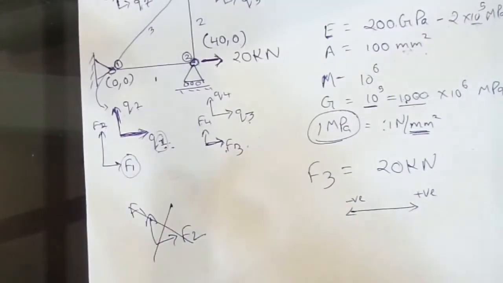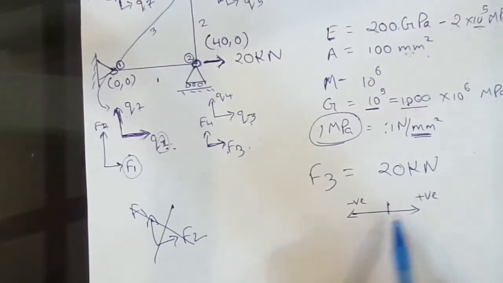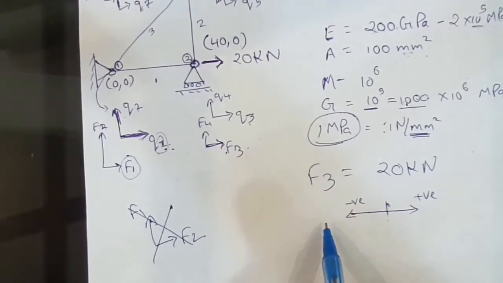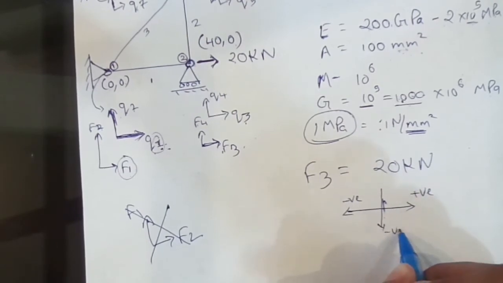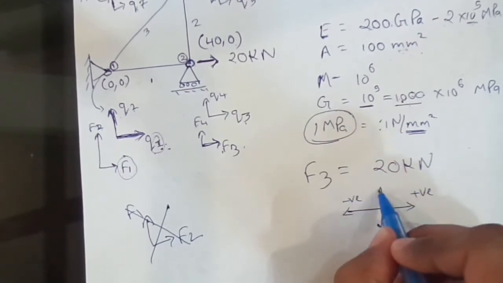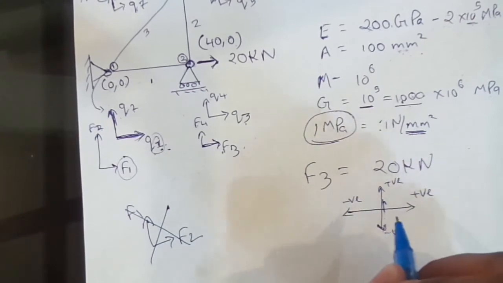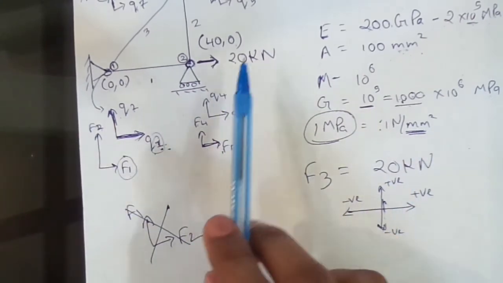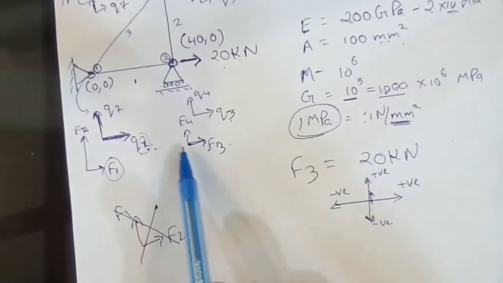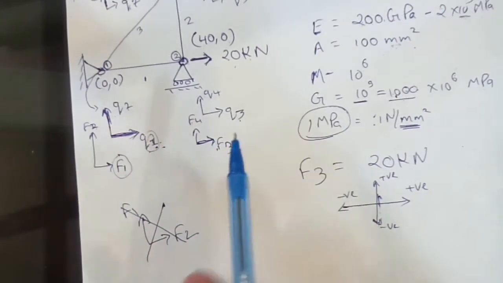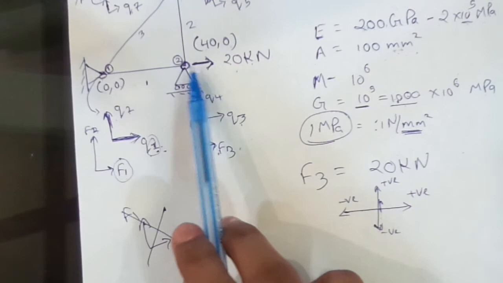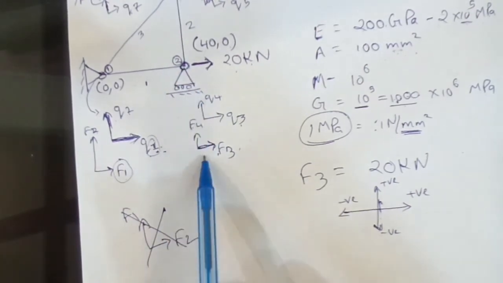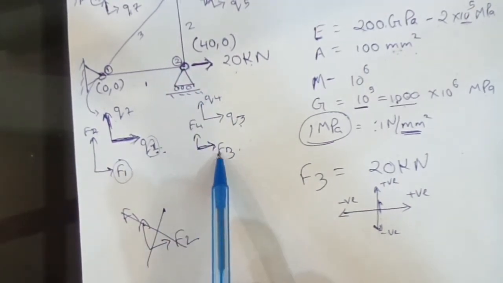So towards right side it is positive axis, and towards left it is negative, and towards down it is negative. If the force is upwards, it is positive. So this 20 kilonewton is nothing but F3, because it is acting in horizontal direction on node 2. So on node 2 horizontal direction is 3. So F3 is 20 kilonewton.